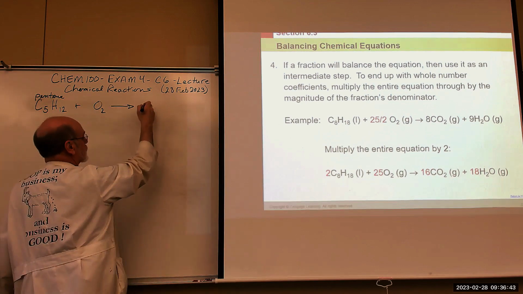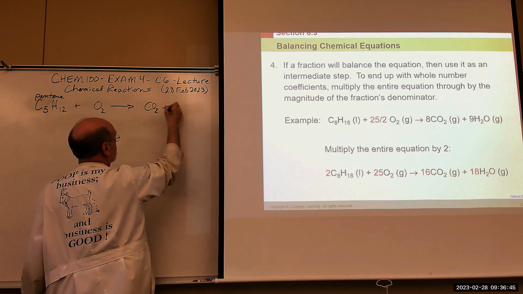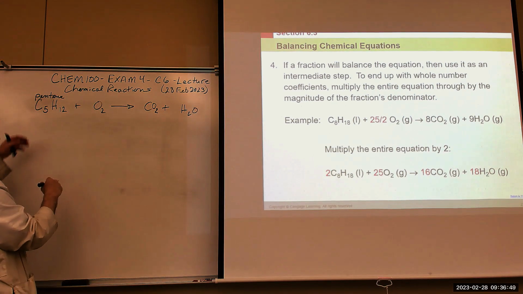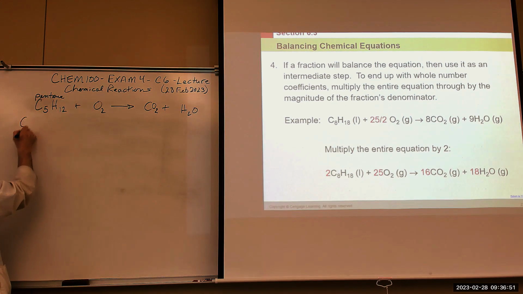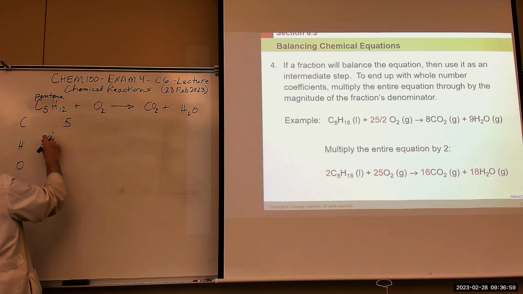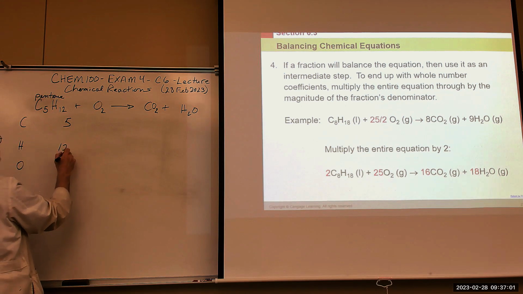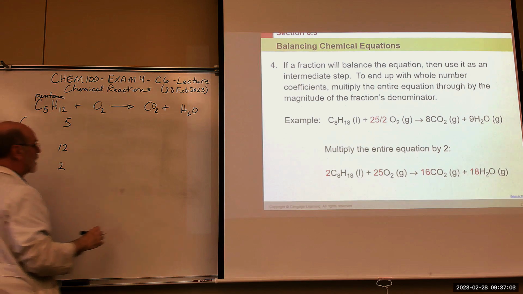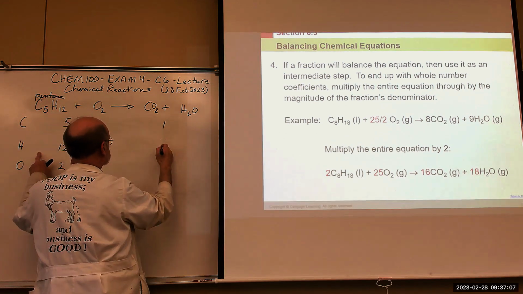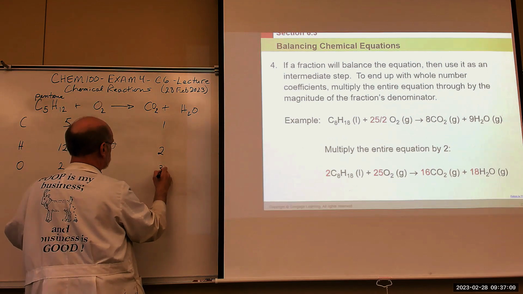So this is also going to produce carbon dioxide and water. Okay, so the first thing we do is say what elements are here? Carbon, hydrogen, and oxygen. That covers everybody. So now we tally 5 carbons, 12 hydrogens, 2 oxygens. On this side, we have 1 carbon, we have 2 hydrogens, and we have 3 oxygens.